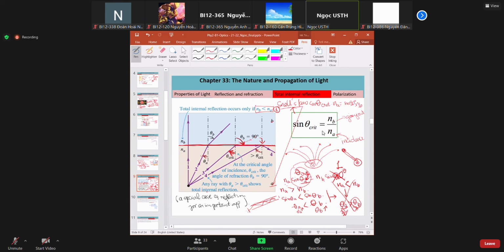But keep in mind that here, you see, this angle depends only on the index of the refractions between two mediums. This medium and the medium where you put this in. So keep in mind that this angle, if you put this device in the air, will be different when you put it in the water.